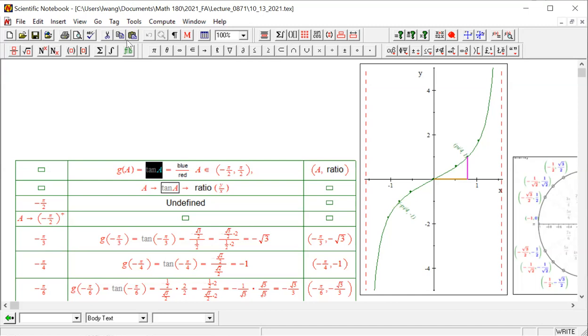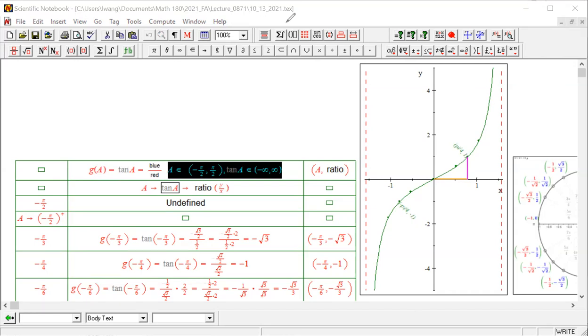So the tangent of any angle from that domain belongs to negative infinity to positive infinity. We have done all that groundwork. That's the picture we see in terms of domain and range.